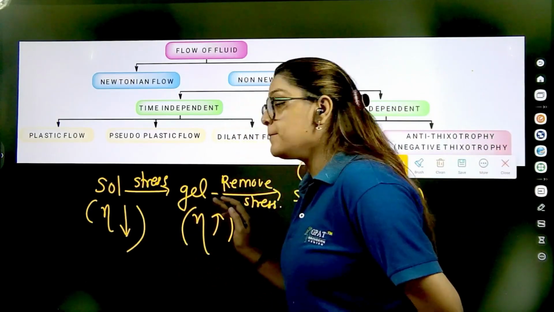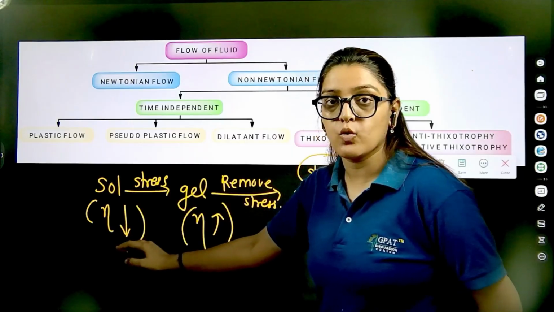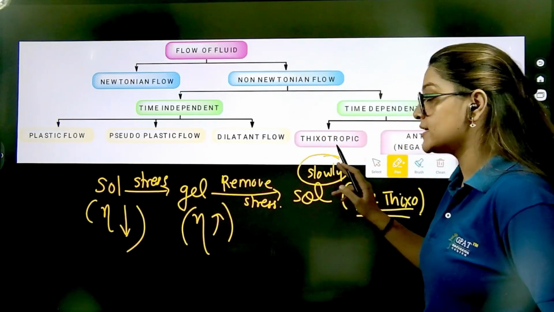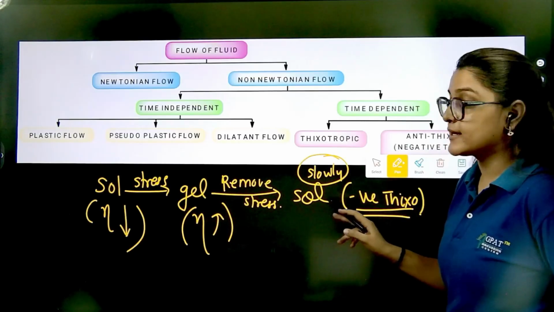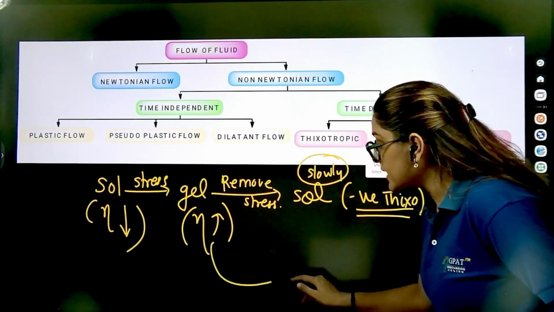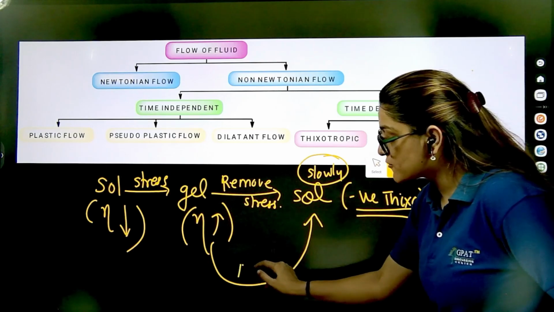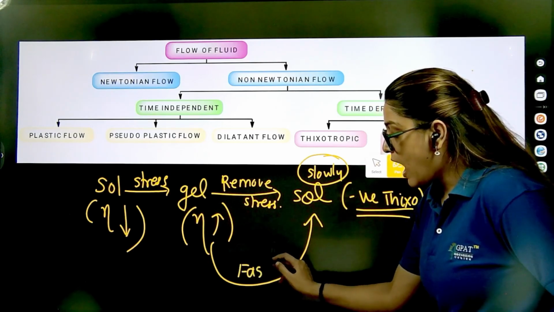Next, same process, you can start with sol, apply stress, convert to gel state, remove the stress, it converts to sol state, right? But you can convert it into sol state at a much faster rate. How?